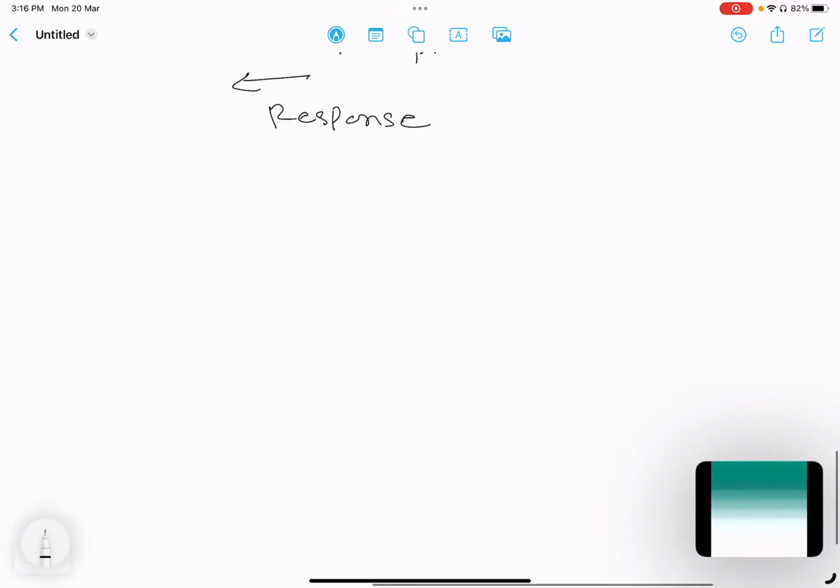If the user is not satisfied with the response, then the user will pass a correct answer.